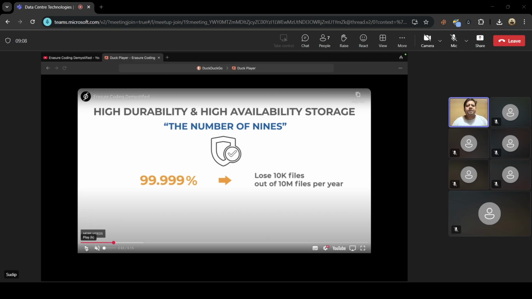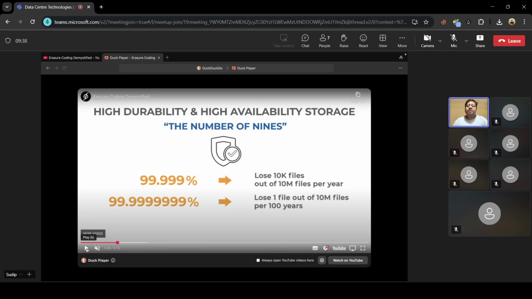This is called five nines availability: 99.999% of the time data should be available. There are also six nines and seven nines availability. This is the expectation of the customer: whenever I am writing data to a storage system, this is the amount of availability they want.